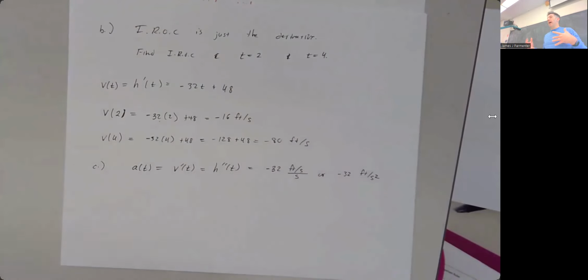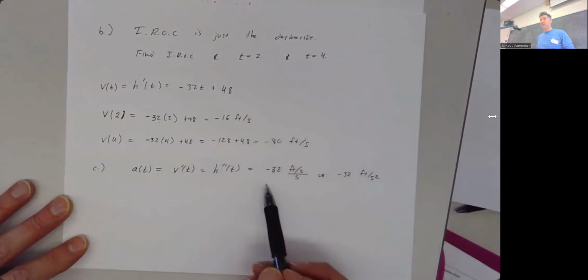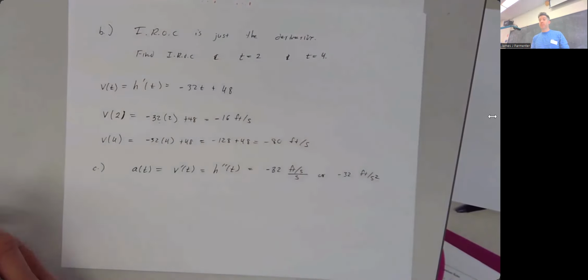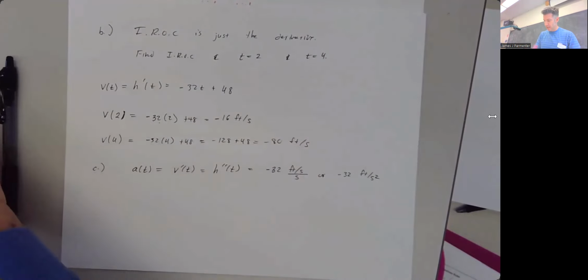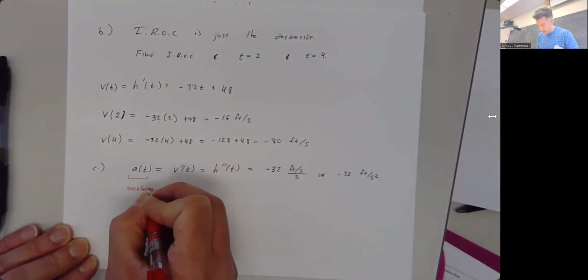And the real thing that people actually do here is they start with this. They say, well, gravity is negative 32. And then they do anti-derivatives to get back to the velocity and then the position. What is A? A of t is acceleration. Good question, yes, I should label things. That is the acceleration at time t.